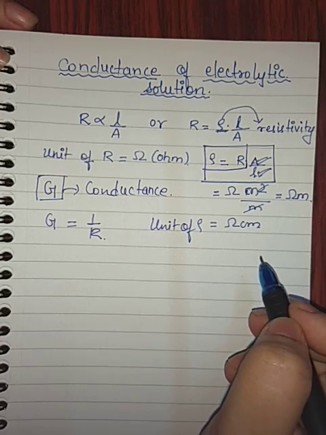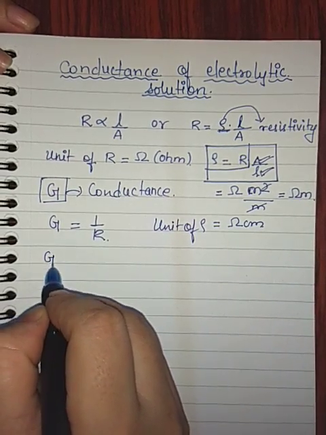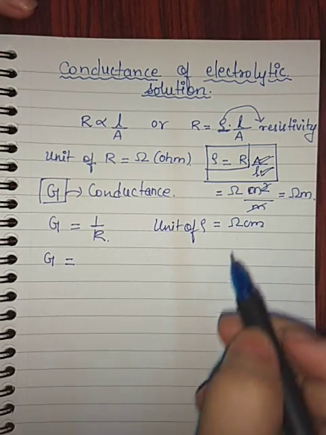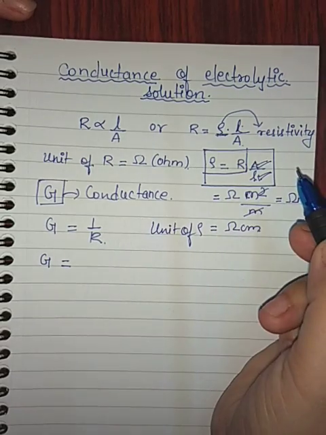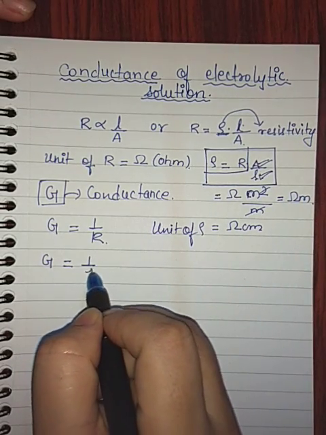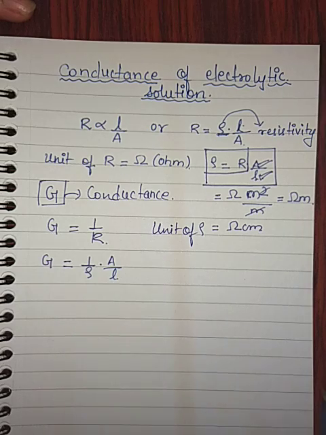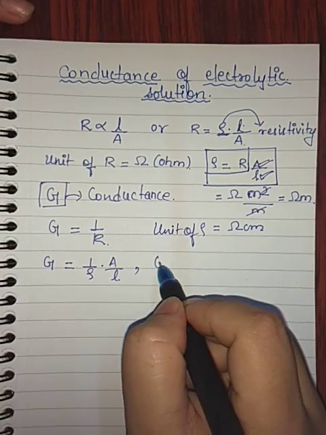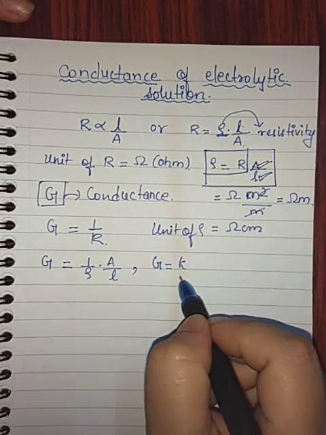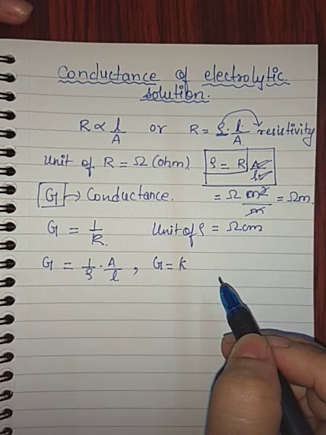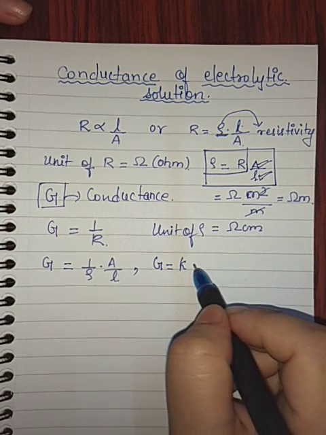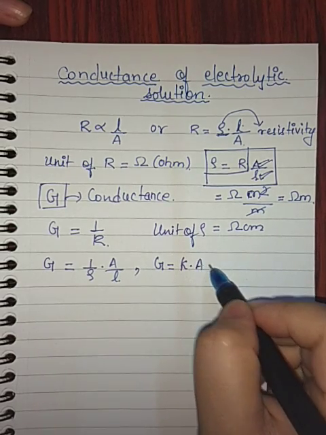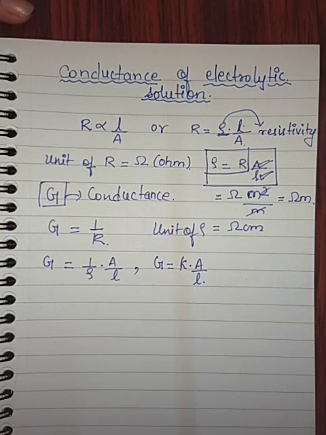So G is equal to 1 upon R. So if we write down the expression of G, so G will be equal to, now since R is rho into L upon A, so G will be 1 upon rho into A upon L. Okay, so 1 upon rho is given a new name, a new symbol, that is kappa. It's a Greek letter, it's not K, it's kappa, but it looks like K. You can write it like K, into area of cross section, that is A upon L.